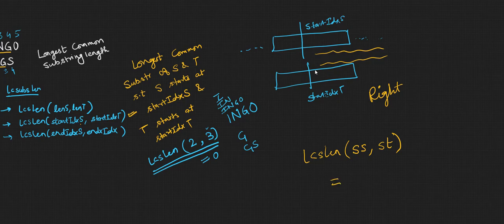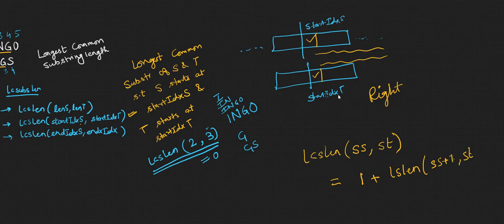Now, let's compare the characters here. If we compare this character and this character, what are the possibilities? It may match or it may not match. If it matches, what will be the answer? Let's say these characters match. 1 plus, so this 1 is common, plus LCS length of SS plus 1, ST plus 1.